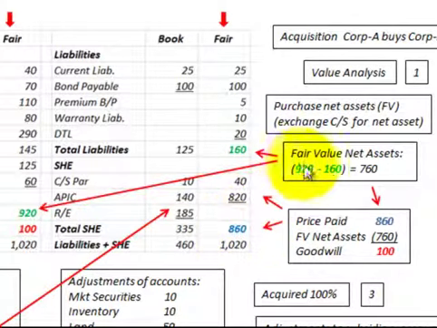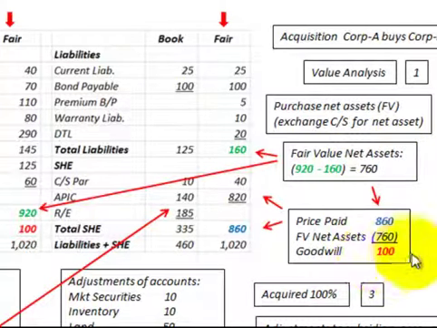And to determine the fair value of the net assets, we take the fair value of the total assets of $920,000 and then subtract the fair value of the total liabilities of $160,000, and the difference would be $760,000. Now that's the fair value of the net assets that Corporation A is acquiring from Corporation B.